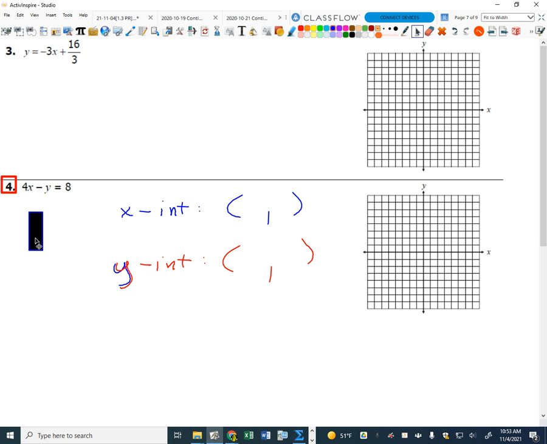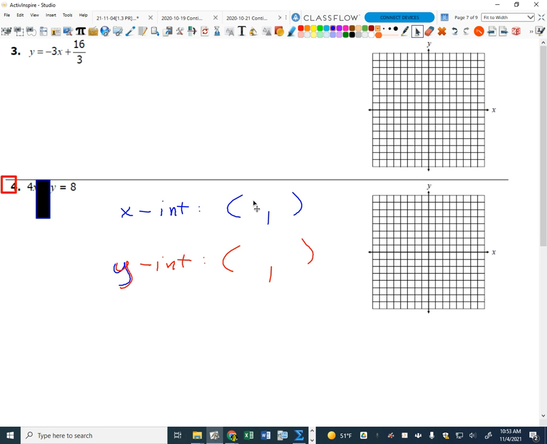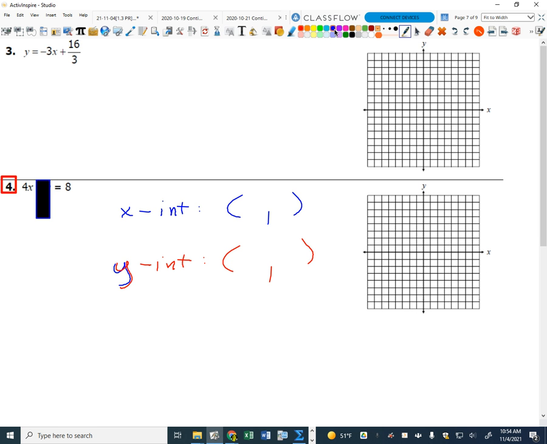Okay, so my X-intercept, what term am I covering up? The Y term. What do I get? 4x equals 8. So X is what? 2. You got it. So X is 2 and Y is 0, right? Okay, what about the Y-intercept?